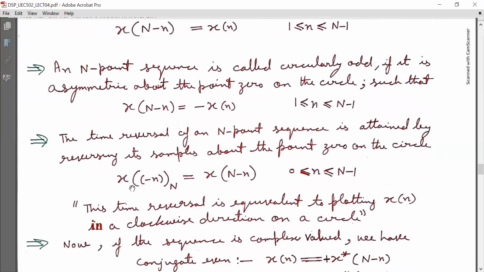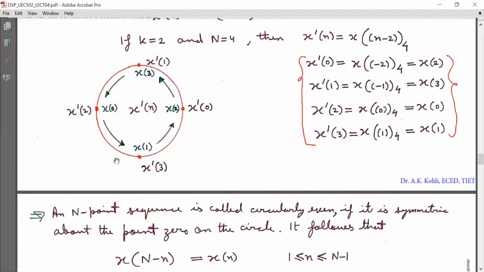So x[(minus n)] with subscript capital N, showing the modulo N operation, is equal to x[N minus n], where n is ranging from 0 to N minus 1. This time reversal is equivalent to plotting x[n] in a clockwise direction on the circle, that is, in the opposite direction.